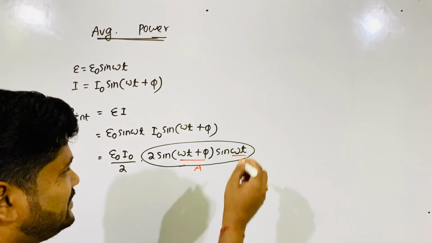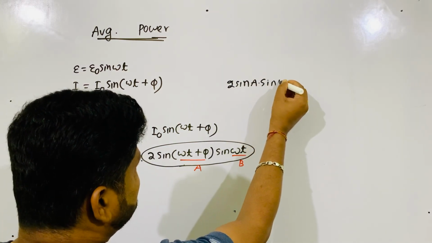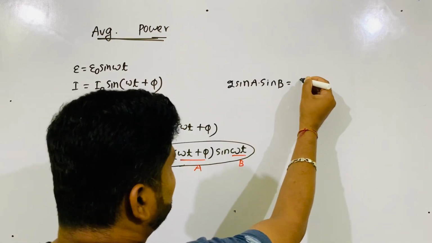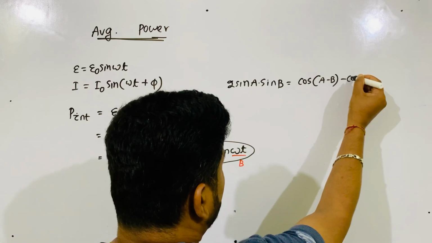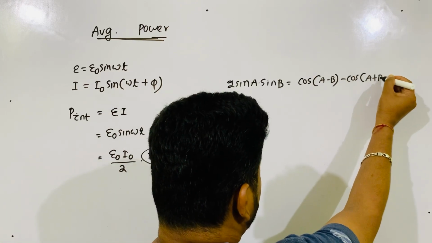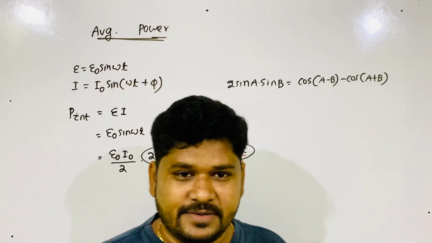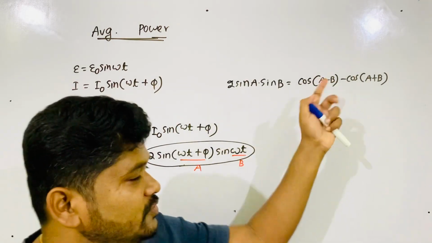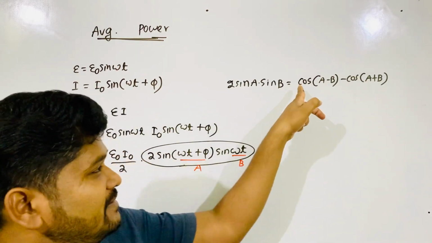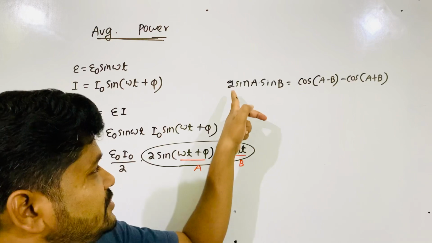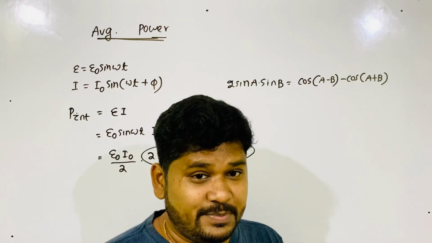Okay, I am writing the formula. 2 sin A sin B is equal to cos(A minus B) minus cos(A plus B). Those who don't have mathematics optional, you have to mug up this one. This formula I am going to use here.